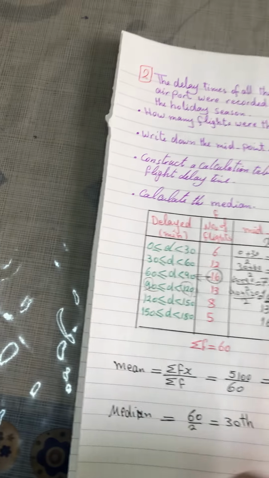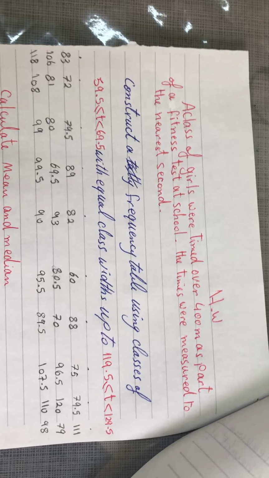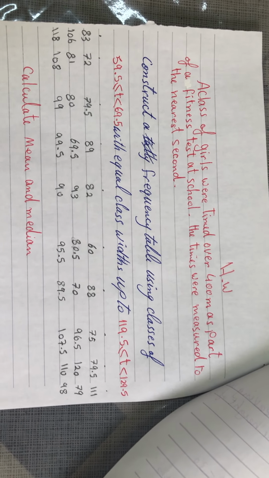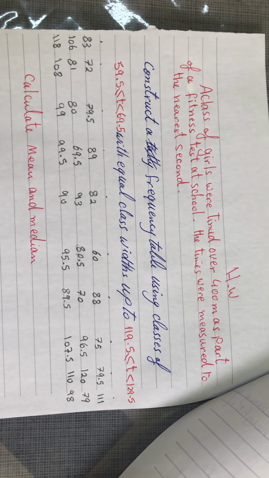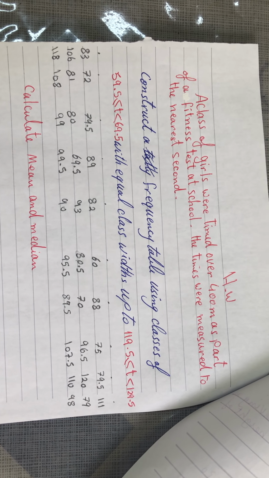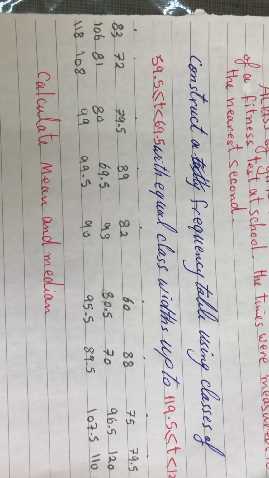Okay, now you have homework. This problem is homework for you. I'll send a copy of my classwork to you with the video. Please solve this problem. Construct the table, find the mean and the median. Then I want you to make the data continuous data.